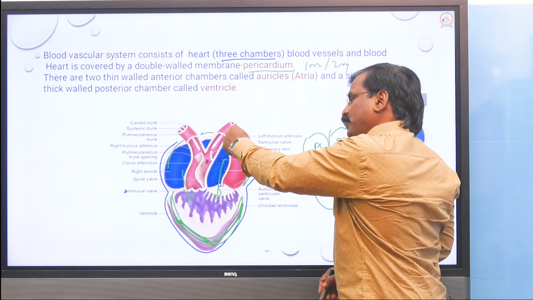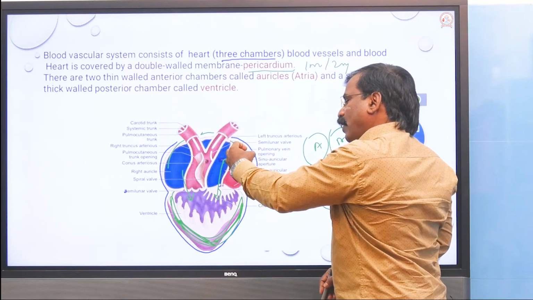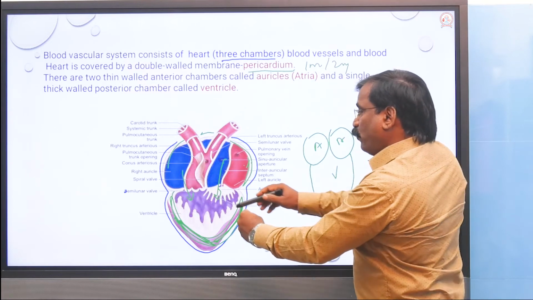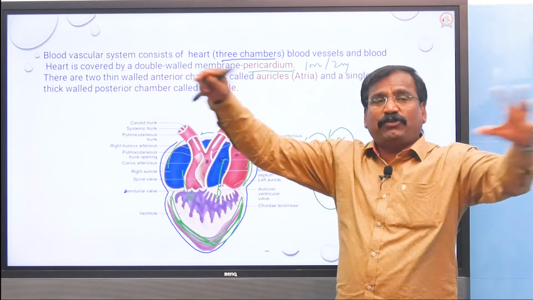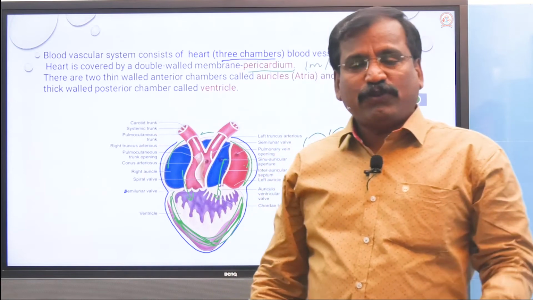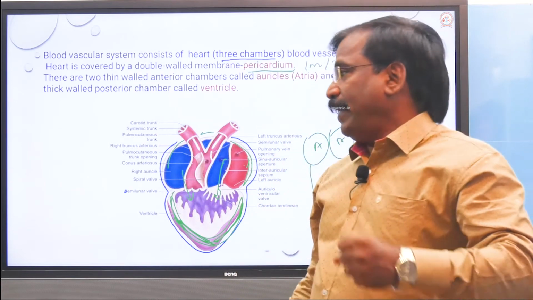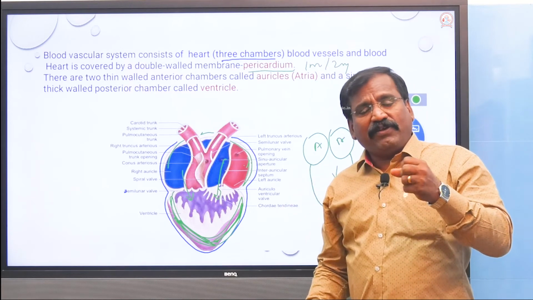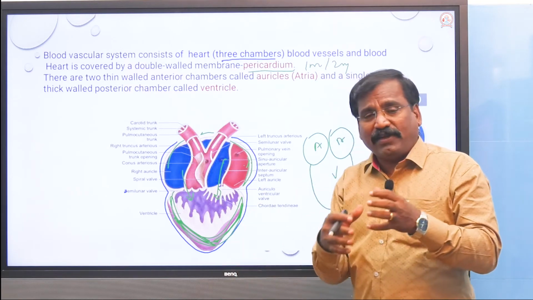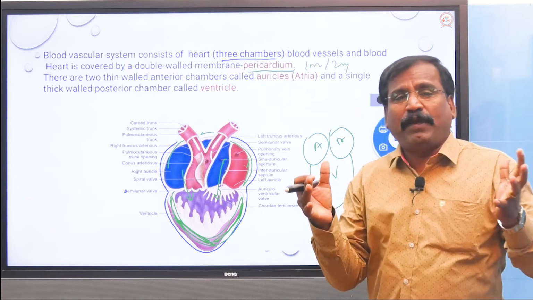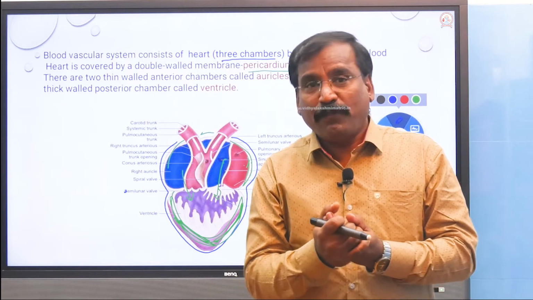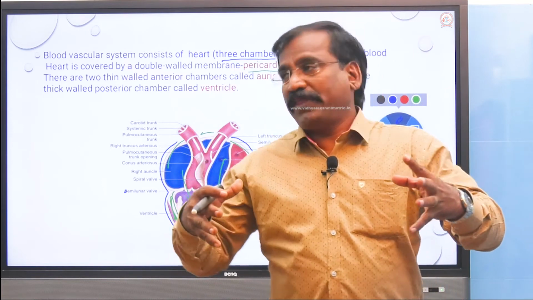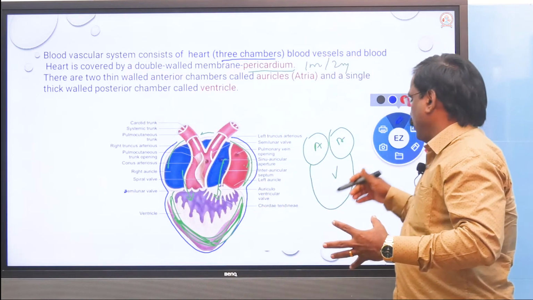But when the ventricle contracts, the blood goes through the blood vessels and is distributed to all parts of the body. So, it needs a higher pressure. If the walls of the ventricle were thin, the higher pressure may burst them. So, in order to prevent bursting, the ventricles are thick-walled.